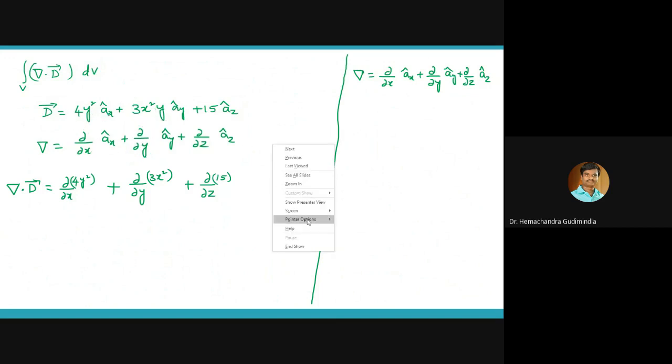Once you know that differentiation, this is partial differentiation. If you look at here, 3x square y, if I'm differentiating with respect to x, there is no x in the function, this will become 0. This is for partial derivation. Only the same term is there, differentiation we can do that, right?